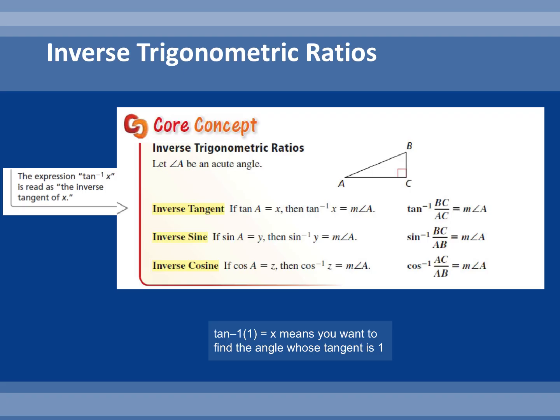Okay, so first, let's refresh our memories with the inverse tangent, the inverse sine, and the inverse cosine, right? Those are used to help you find the angles of your triangle, right? So this is when you are missing an angle. You always want to use the inverse of the trig function.